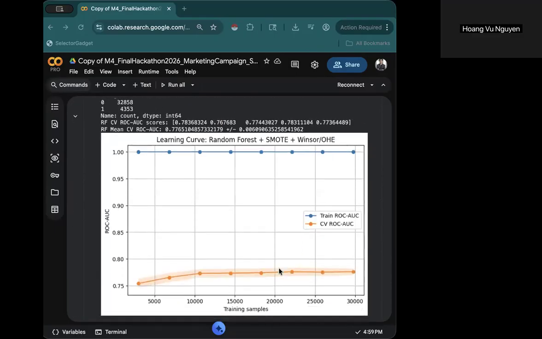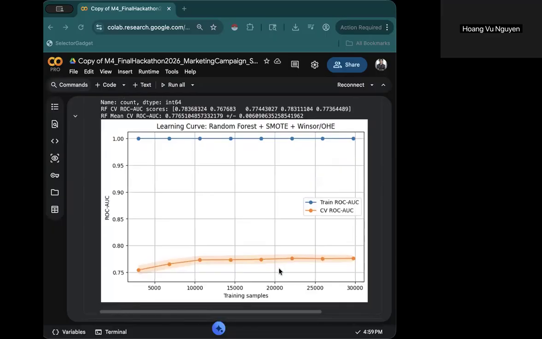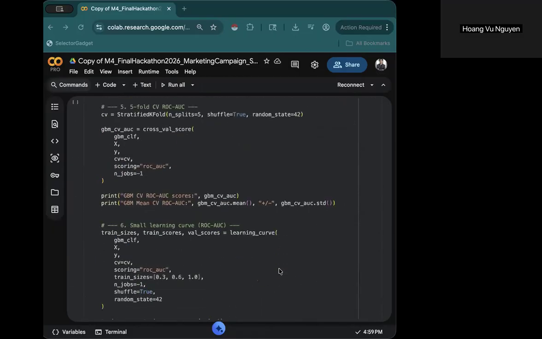Moving on, the random forest was a little better than the decision tree, but was still overfitting, as the gap between train and cross-validation AUC was still very high and did not converge even though training samples increased.